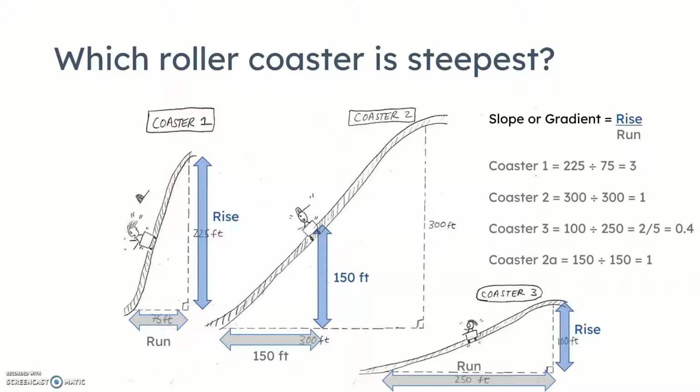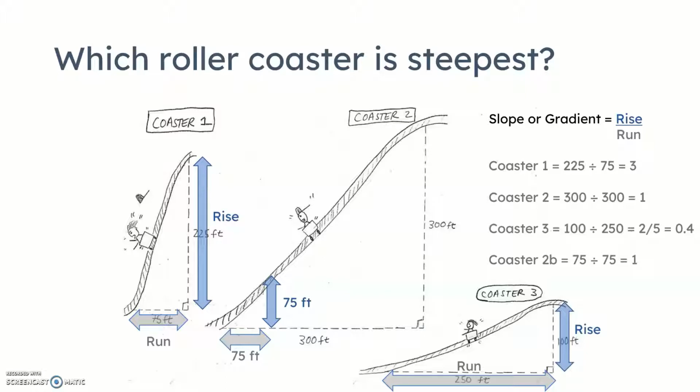I could make it half as big again, a quarter the size of the original. And here I have a roller coaster with the same short run as coaster 1, but a much smaller rise, so its slope is much less. Finally, we might look at these.